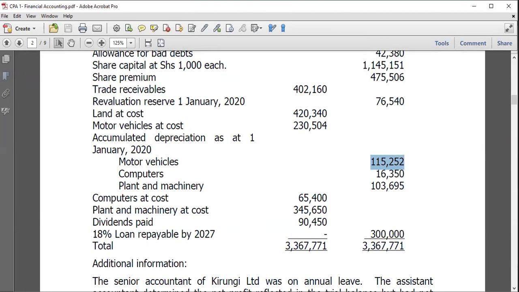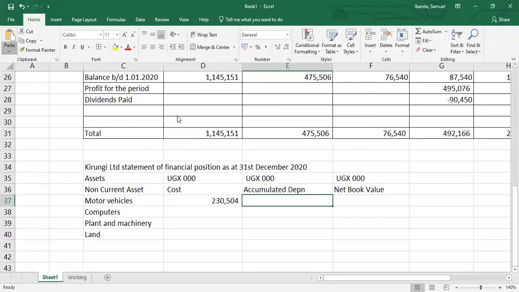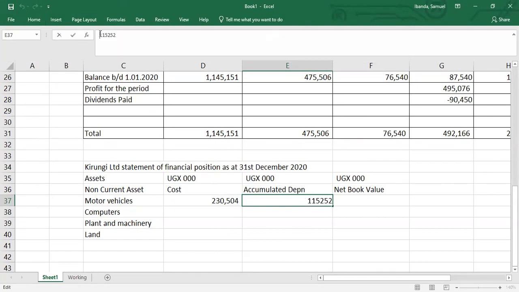Okay, so what this would basically mean is, if this is motor vehicle, this is what I started with, but I'm going to adjust this. Since I'm using Excel, I'll just get that and add the depreciation for the year.